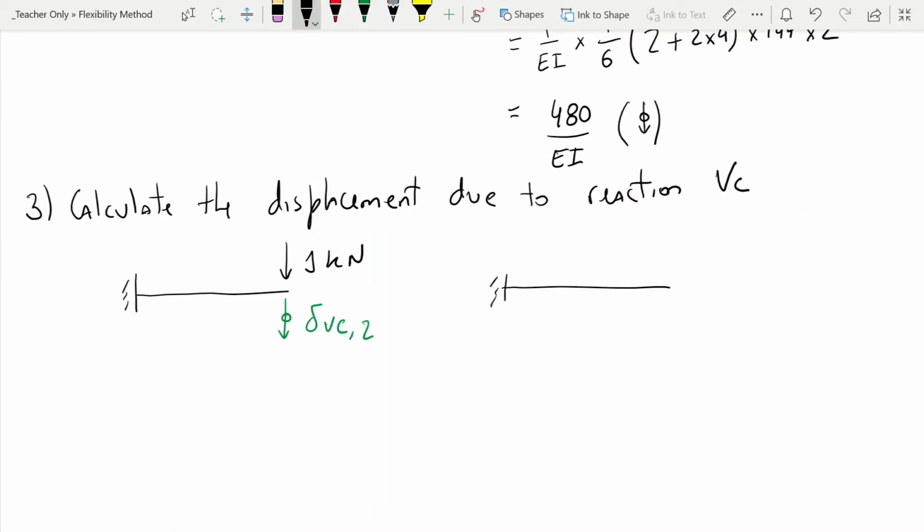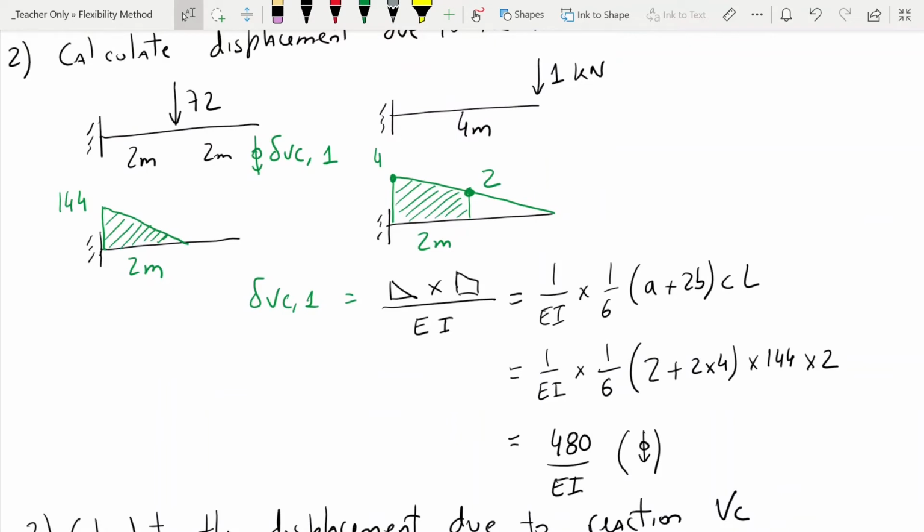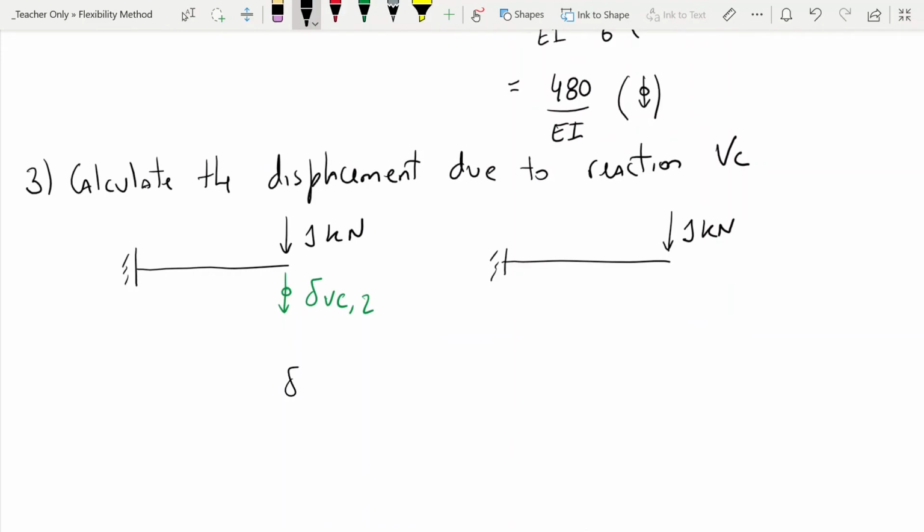In this case, both the real structure and the virtual structure are exactly the same as the virtual from the previous example. So what we're going to end up doing is multiplying this diagram here, the diagram from the second structure, times itself. So the displacement at C due to structure 2 is nothing more than a triangle times a triangle divided by EI.